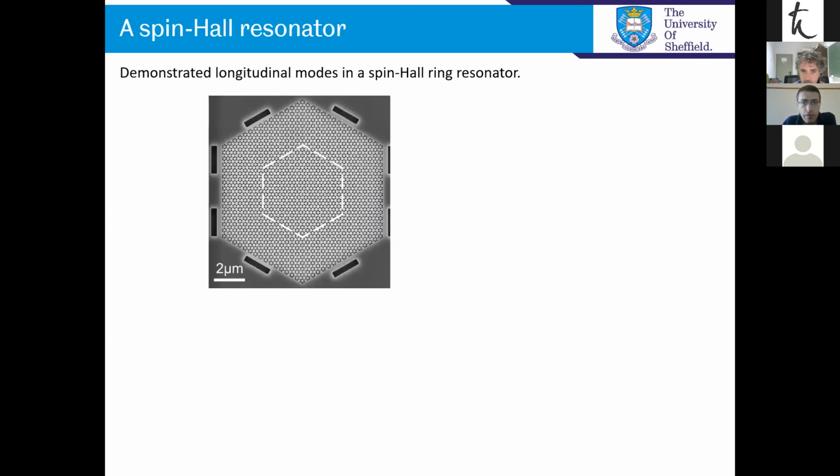And so what we showed first was a ring resonator structure. This is shown here, where the white dashed line gives the location of the interface. So we have shrunken inside and expanded outside unit cells.